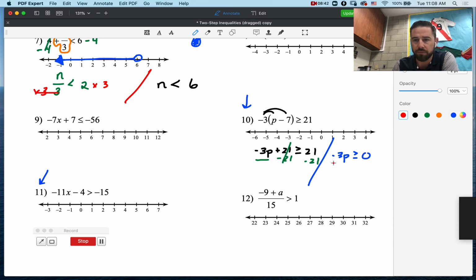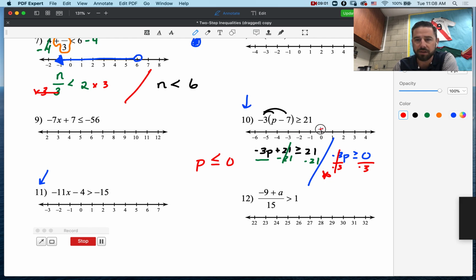Okay? Divide negative 3. Divide negative 3. Did we divide by a negative? Yes, we did, which means we need to flip that sign. So that sign is going to be flipped to look the other direction. That cancels, so we have a p there. And then 0 divided by negative 3 is going to give us 0.